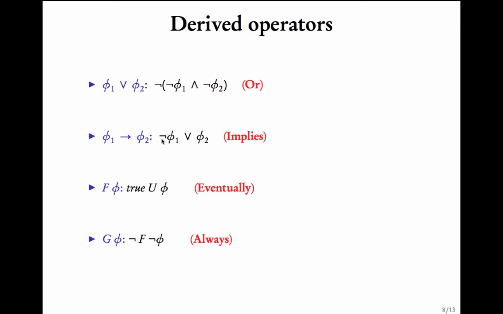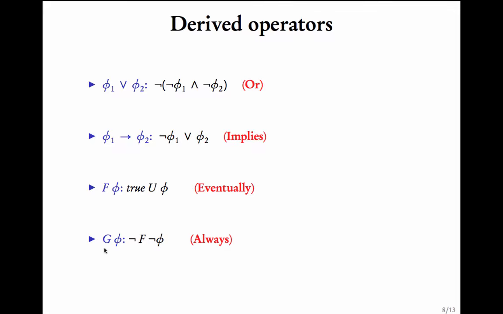This is written by not of phi1. However, if not of phi1 is false, in other words, if phi1 is indeed true, then phi2 should be true. So this is taken care of by this operator, not phi1 or phi2. Either phi1 is false, in which case this will be true, or if this is false, that means phi1 is true, then phi2 will become true.